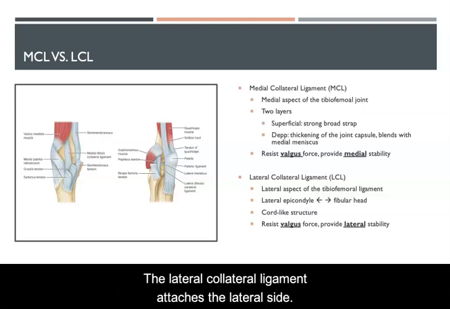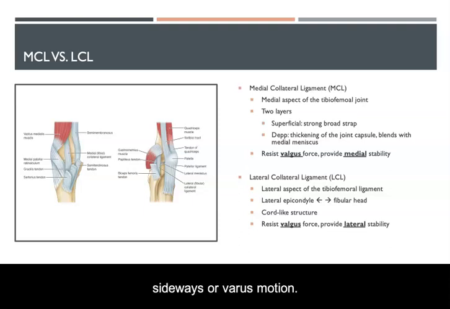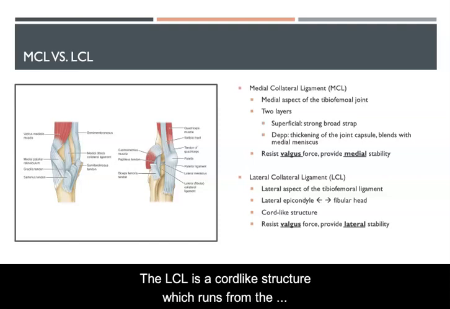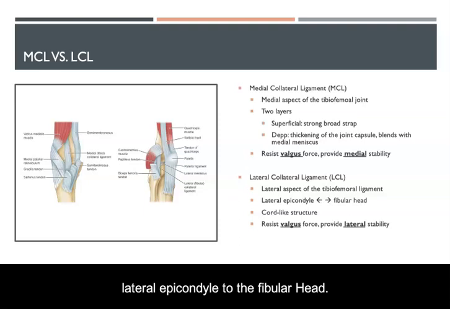The lateral collateral ligament attaches the lateral side of the femur to the lateral side of the fibula and limits sideways or varus motion of your knee. The LCL is a cord-like structure which runs from the lateral epicondyle to the fibular head.